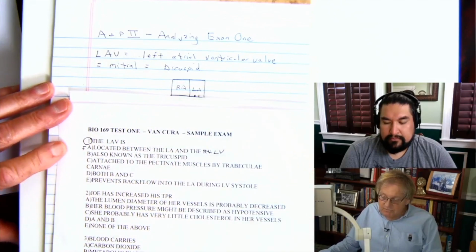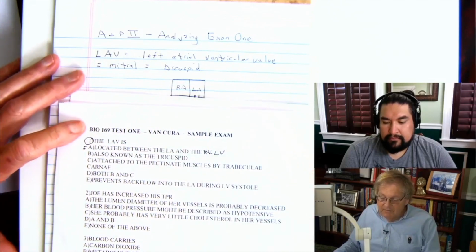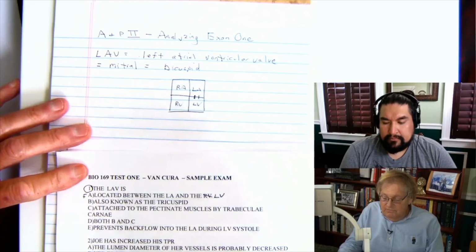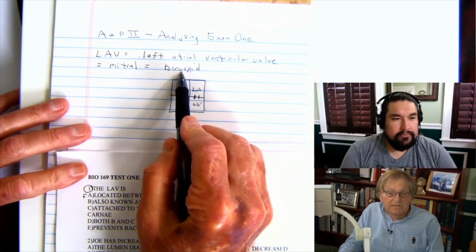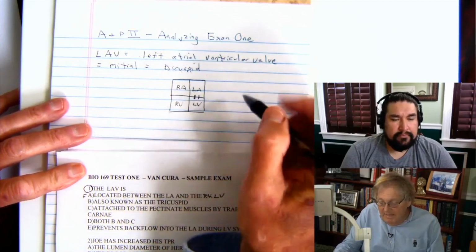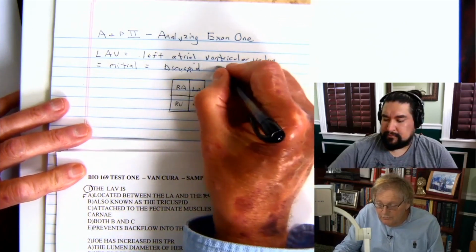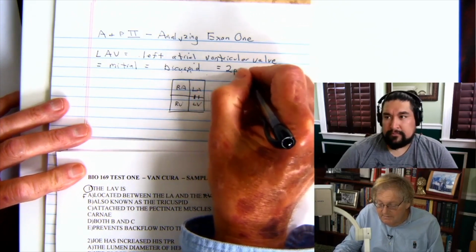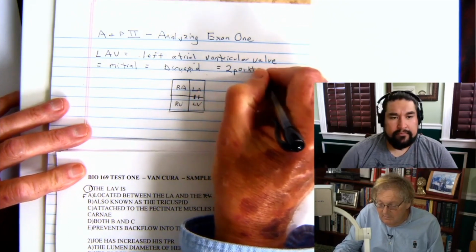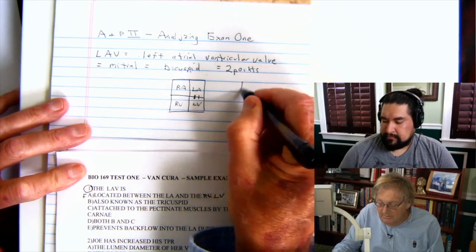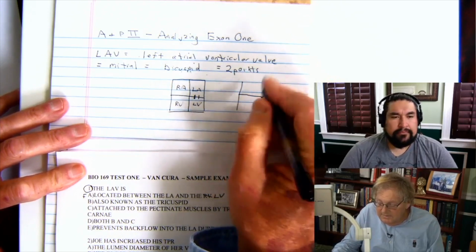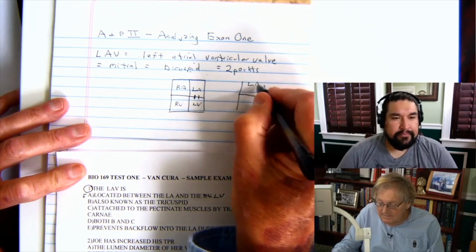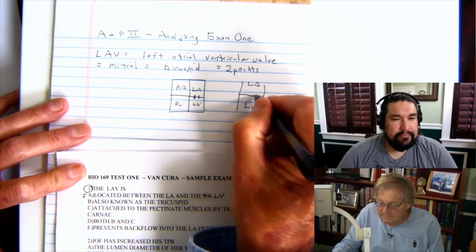It says it's known as the tricuspid valve. Well, again, if you notice when I just analyzed the question, it's also known as the bicuspid valve. Remember, bicuspid just means 2 points. So if this is the chamber, and this is the one below it, and this is the LA, and this is the LV, here's that valve.